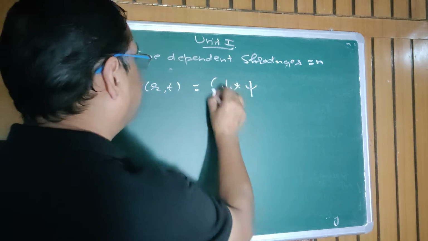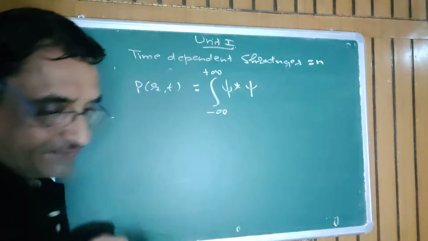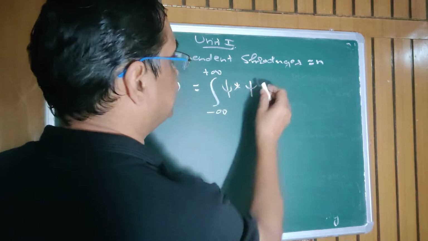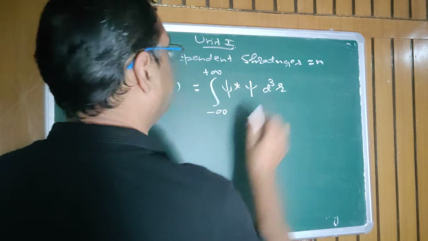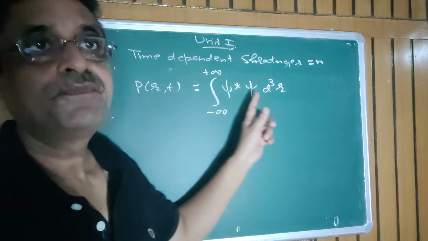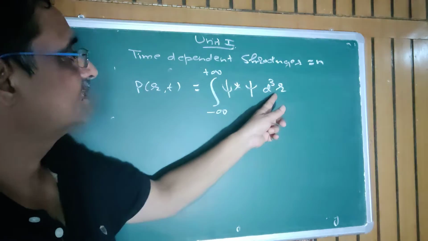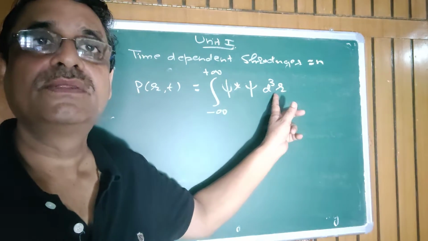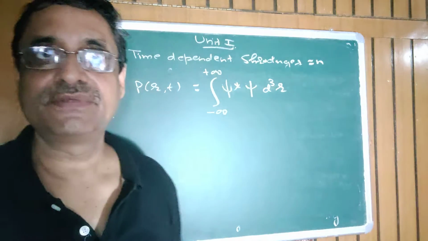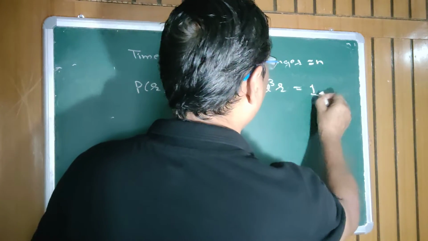And if I integrate this from minus infinity to plus infinity, अगर आप इसको इंटीग्रेट कर देते हो over the space d cube r, all right, so this gives P(r,t), this is psi star psi d cube r. We have taken the integral of this over whole of the space. ये space है, r means position, तो जब d cube r लिखते हैं तो this is in space, so minus infinity to plus infinity, it will cover this space, and it must be equal to 1.